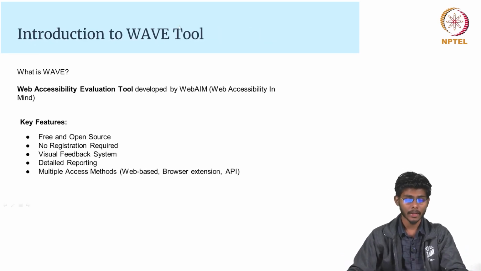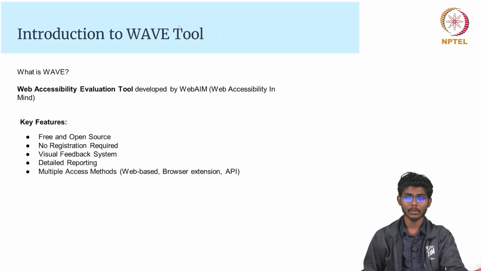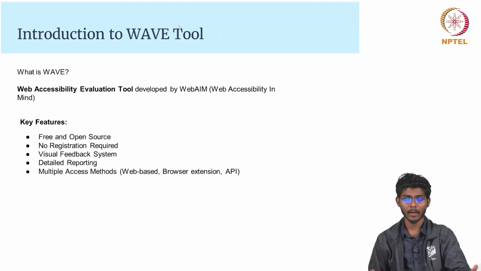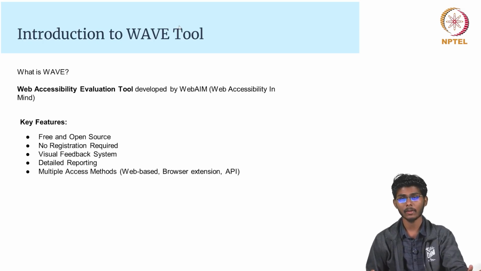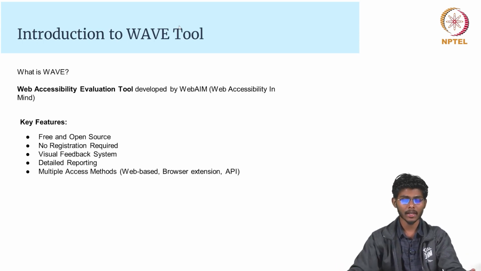Now, introduction to the Wave tool. The Wave tool, the web accessibility evaluation tool, is developed by WebAIM, which is Web Accessibility In Mind. The Wave tool is free and open source, and it can be used by anyone, as there is no registration or anything.